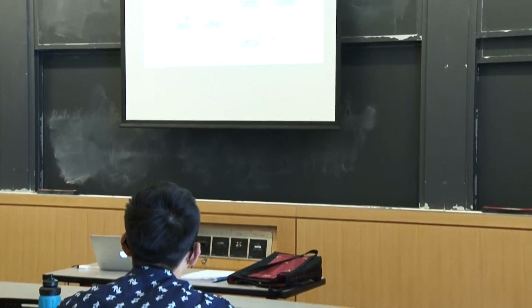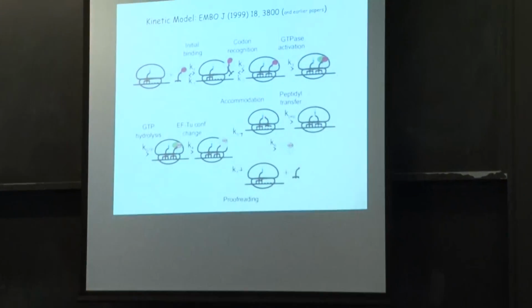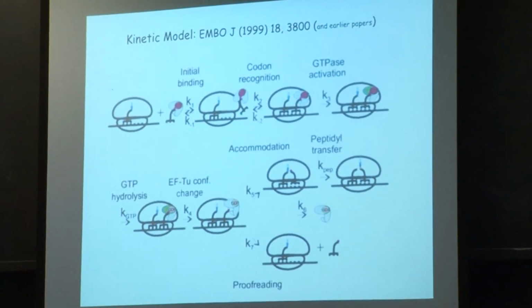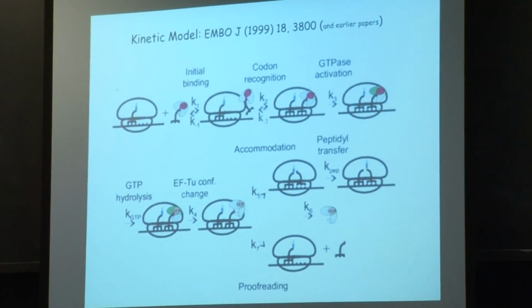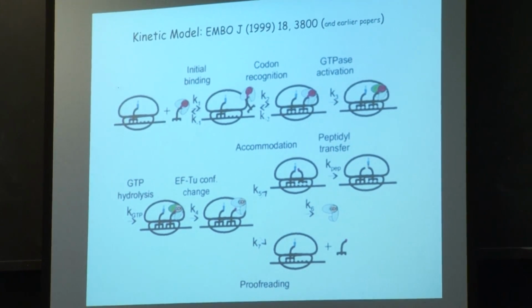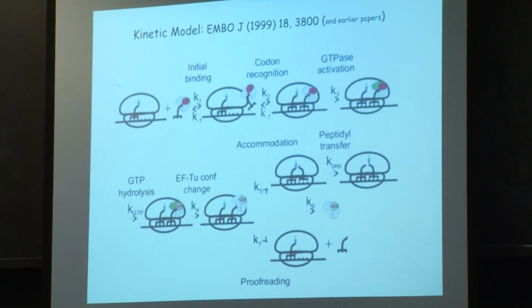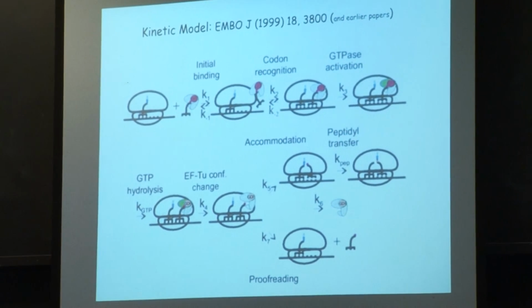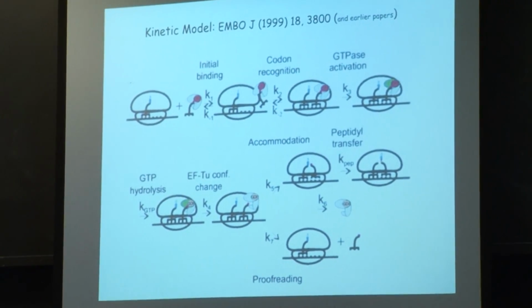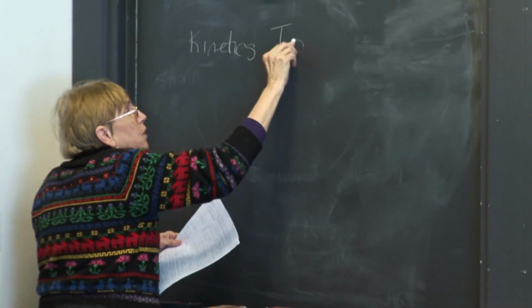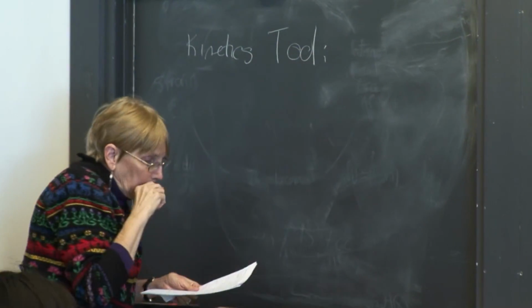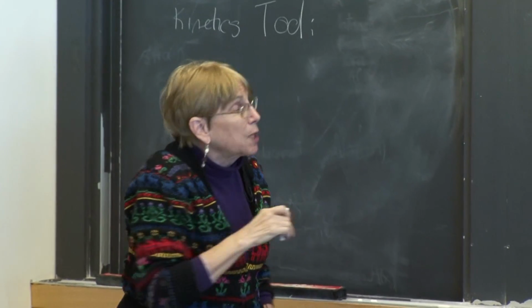And so today what I want to do is go through the kinetics part of this, asking you questions as we go along. And I'm going to start. So kinetics, in my opinion, is a key tool. So we're using kinetics as a tool to study machines.